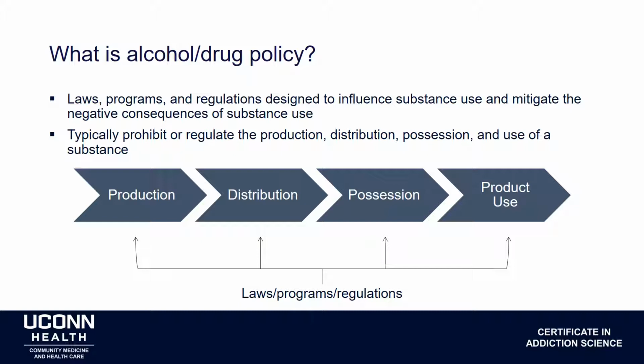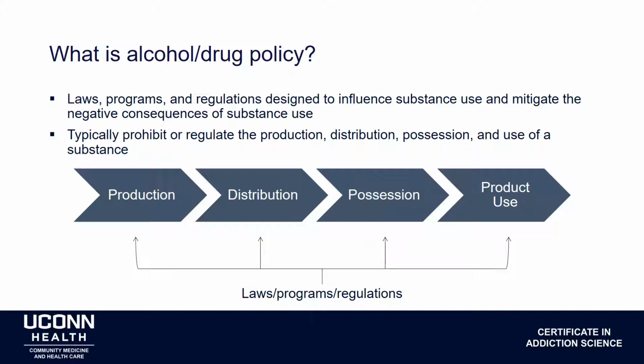Well, it really encompasses all of the laws, all of the programs, all of the regulations, and even all of the court cases that are designed to influence substance use, whether that's decreasing consumption itself or decreasing the negative consequences of substance use.